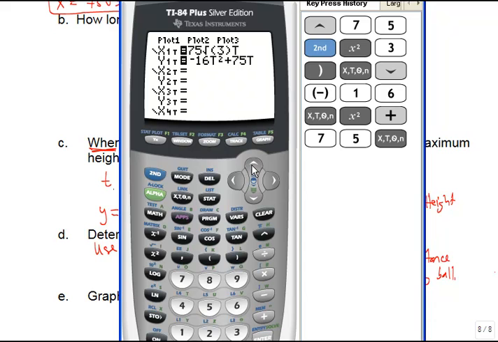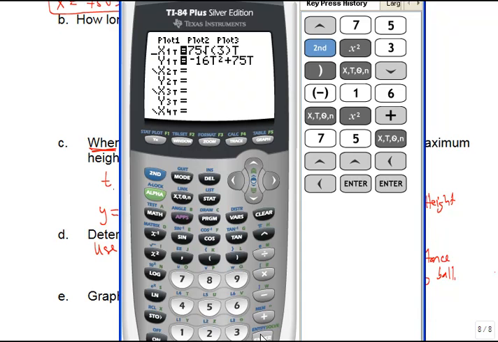Now to make this motion a little bit more animated, so it looks like the ball is actually flying through the air, I'm going to change the style of my graph over here. So move your cursor all the way to the left of x1, hit enter a couple times until you see a little circle with a tail following it. And that's going to be our animation, and I'll show you what that looks like in a minute.